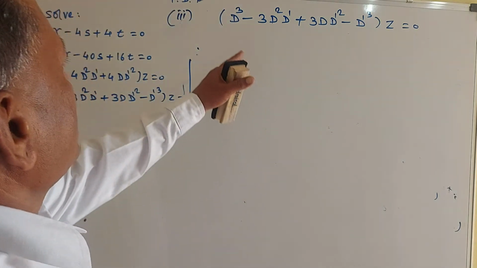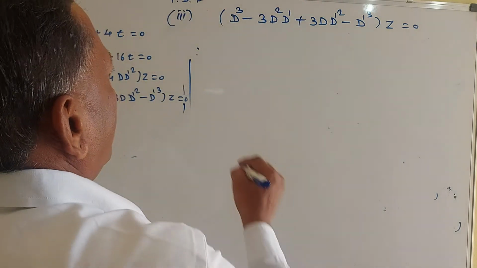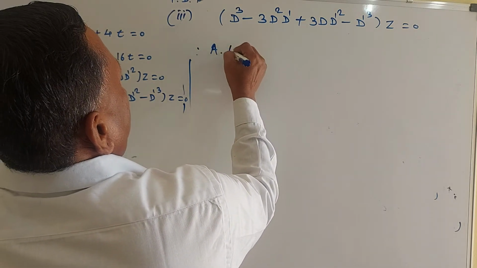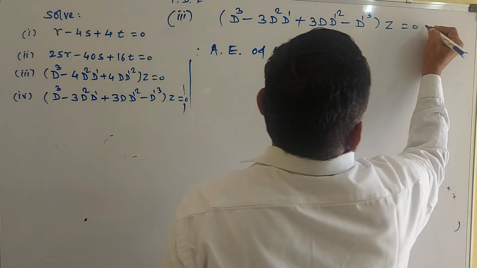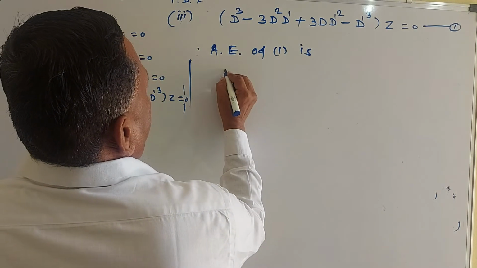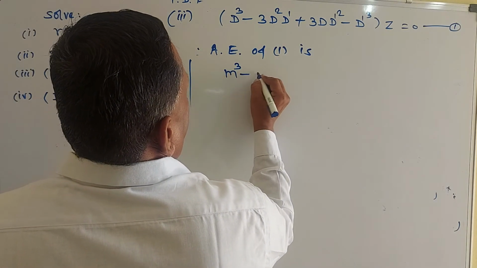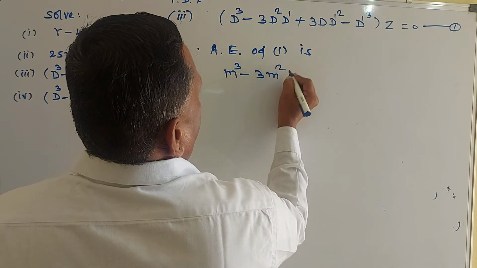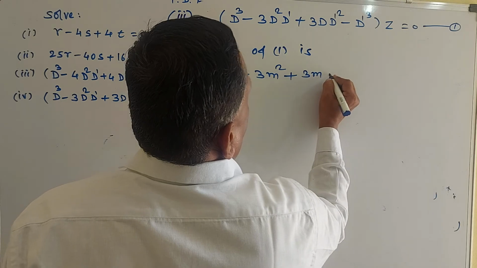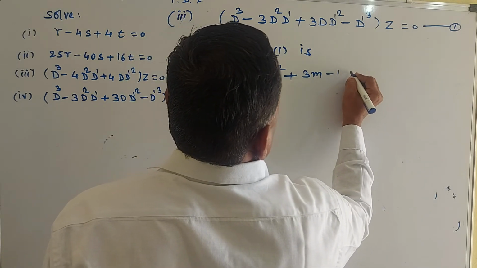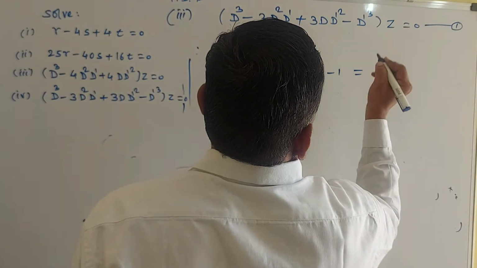The given partial differential equation is in symbolic form. Therefore, the auxiliary equation of 1 is m cube minus 3m square plus 3m minus 1 is equal to 0.